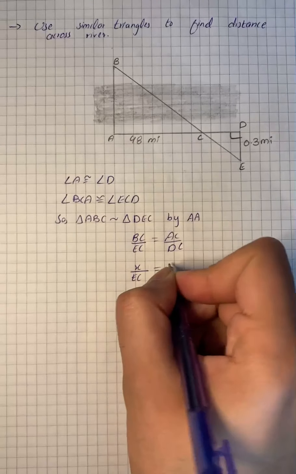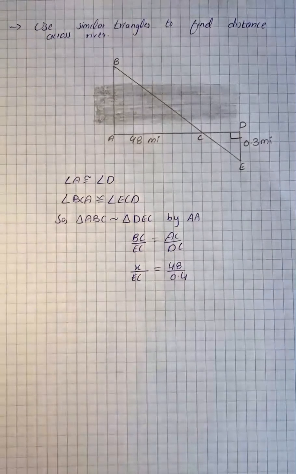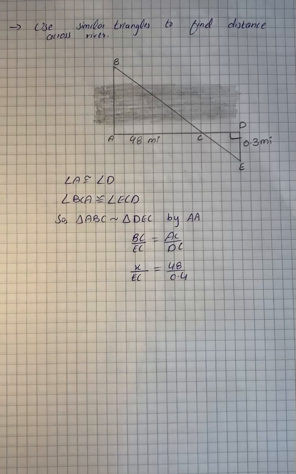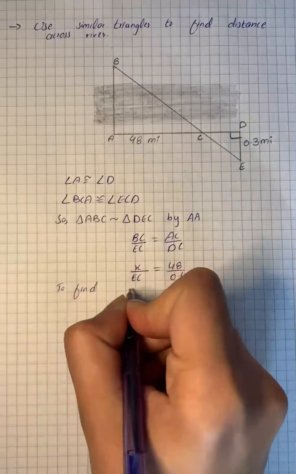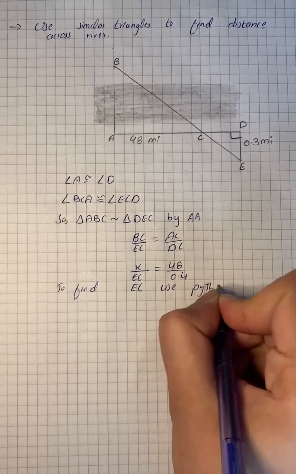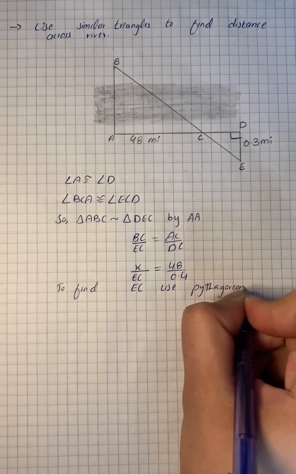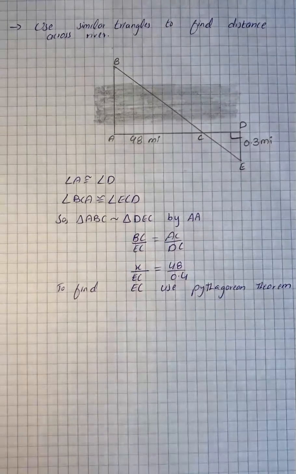EC equals 48 over 0.4. Now to find EC, we will use the Pythagorean theorem. Perfect.